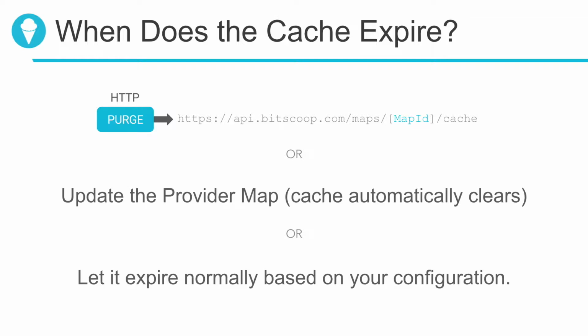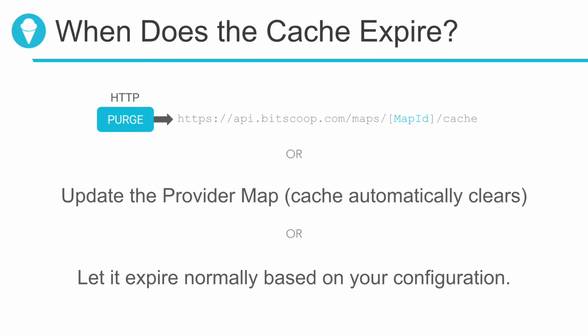Now that we've gone over how you store returned HTTP data in the BitScoop API Toolbox cache, we want to briefly cover how you would get rid of that information if you no longer wanted it, or only wanted it for less time than you had configured. It's very easy to clear the cache.